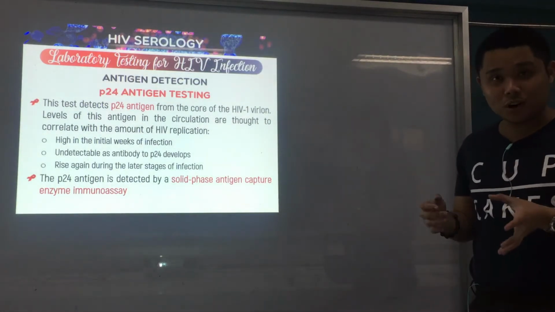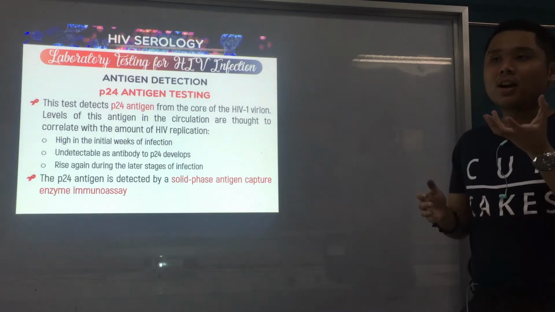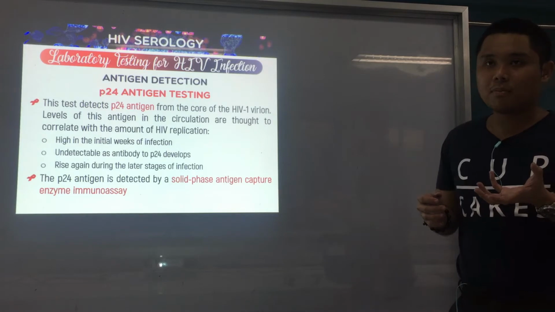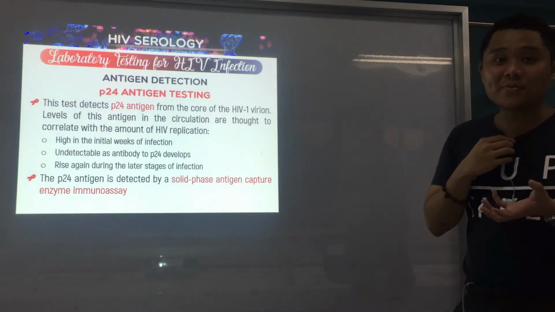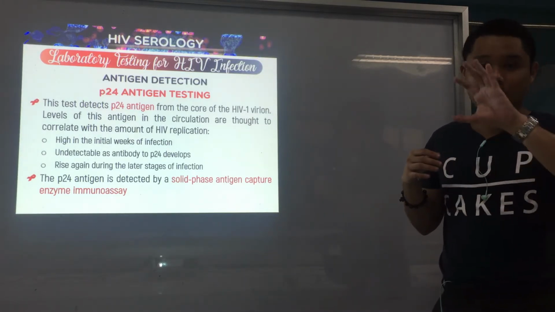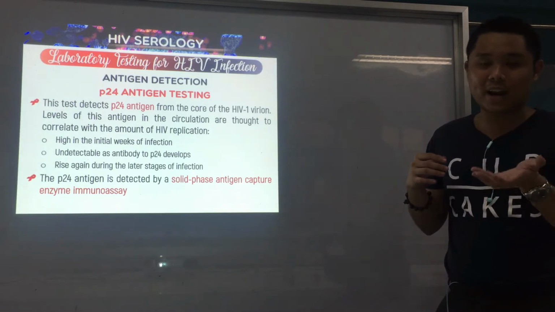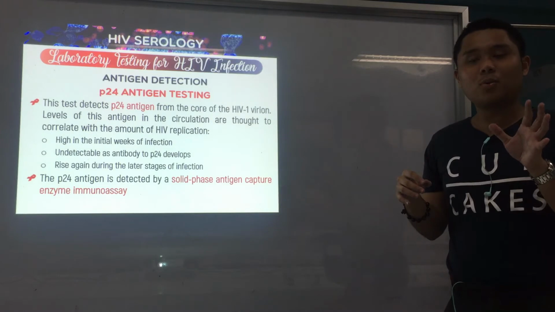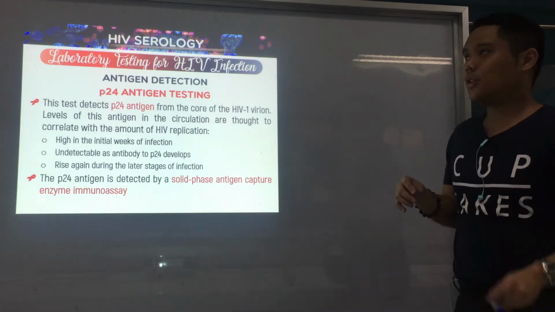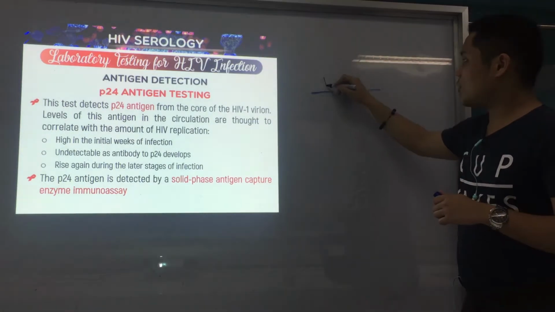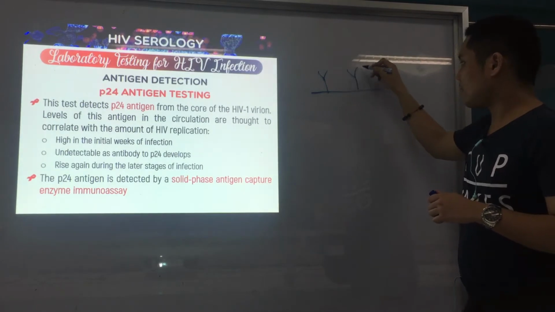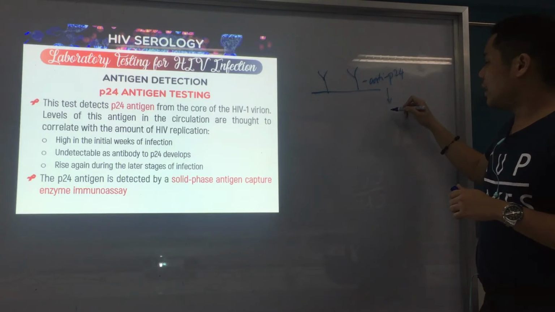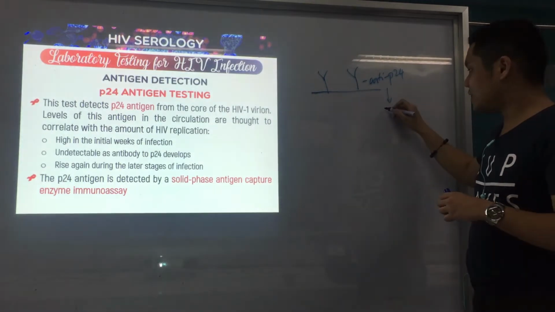So it's still a capture enzyme immunoassay, right? In solid phase immunoassay, you have antibodies to P24 as reagents that are placed on your solid phase, and then your sample which may contain the antigen. Okay, I'll draw. So you have antibodies to P24, which are physically adsorbed.